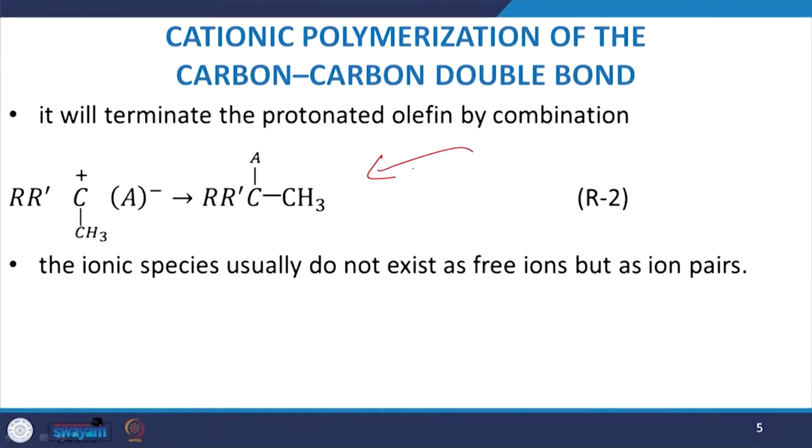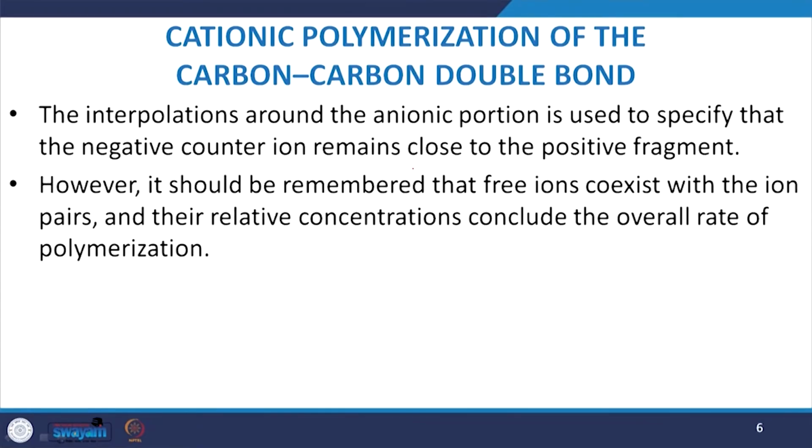Now, the ionic species usually do not exist as free ions, but as ion pairs. If you recall, in the previous lecture we discussed the concept of ionic pairs. Now, the interpolation around the anionic portion is used to specify that the negative counter ion remains close to the positive fragment.